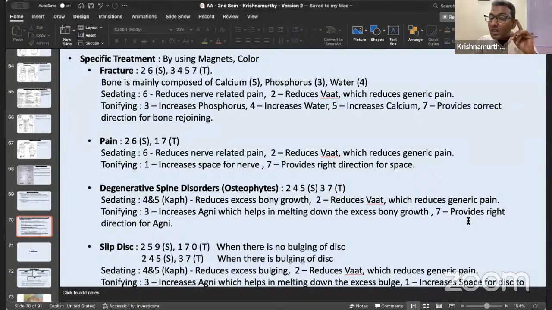So for that, disha is important. So I am tonifying Agni and I am tonifying the disha, so the separation starts happening in the proper direction. This is the protocol for the degenerative spine disorder whenever there is osteophytes.